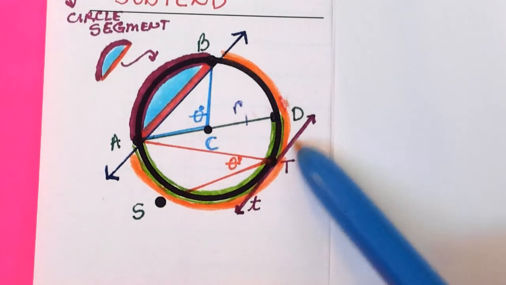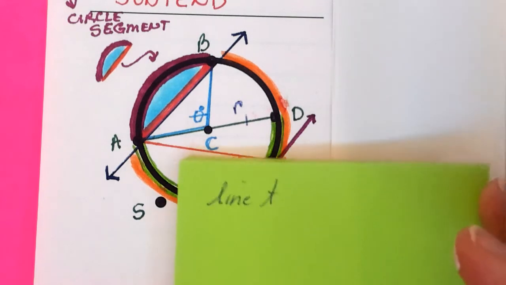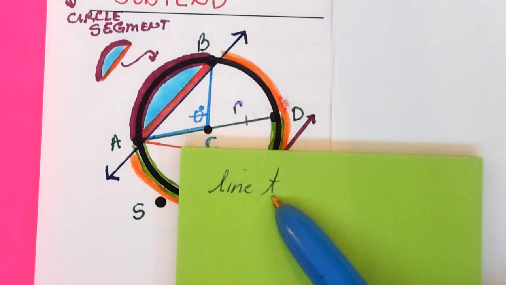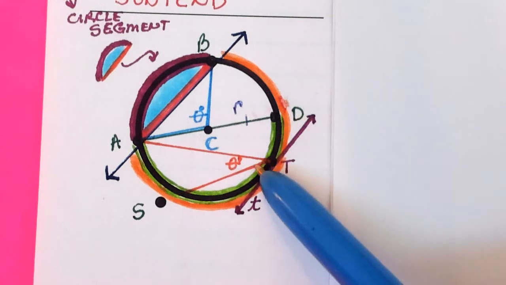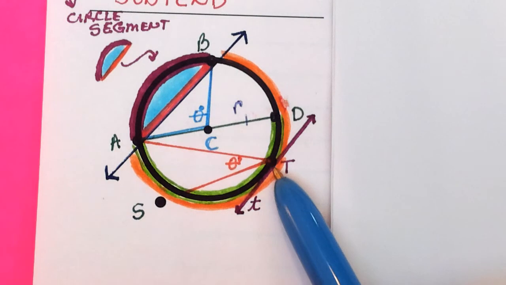This magenta colored line is called a tangent, T-A-N-G-E-N-T. So line T is a tangent line to circle C. The point where the tangent line and a circle intersect is the point of tangency. So that would be point T.